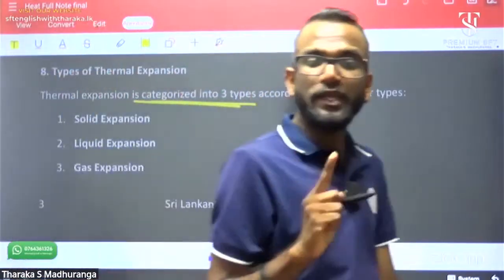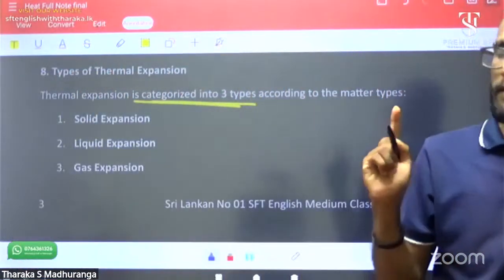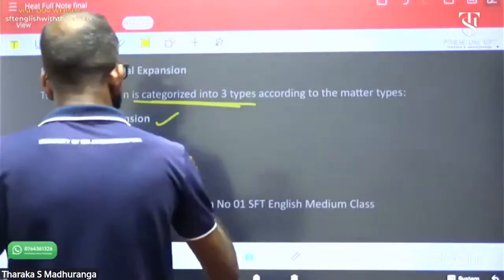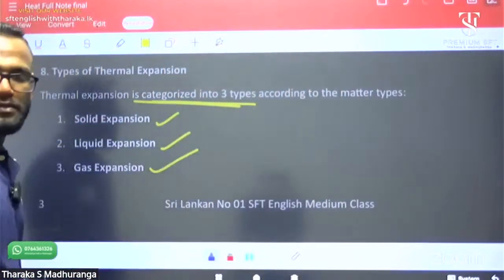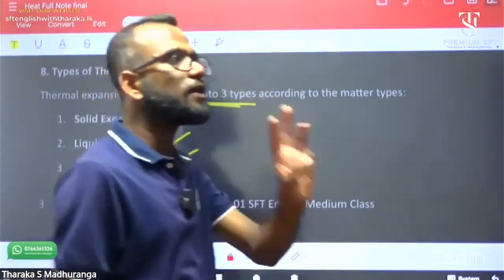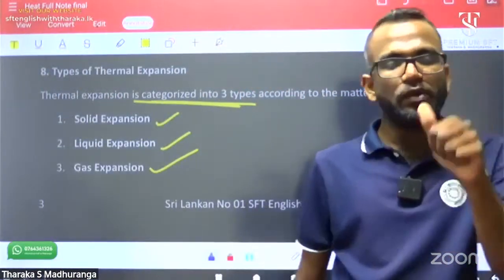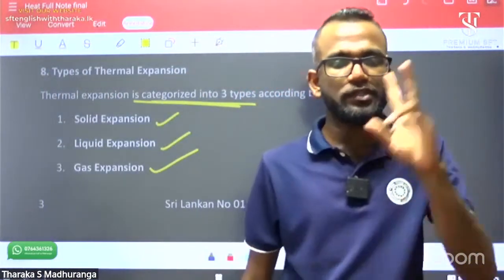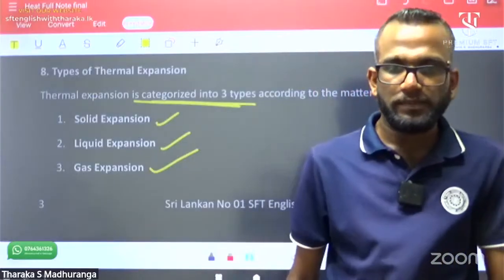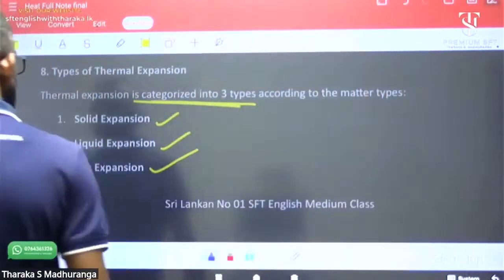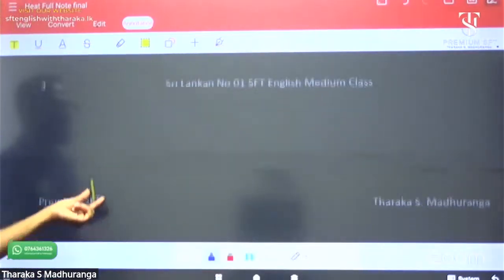The first one, solid expansion. The second one, liquid expansion. The third one, gas expansion. Okay, now we have three main types of expansion: solid expansion, liquid expansion and gas expansion.